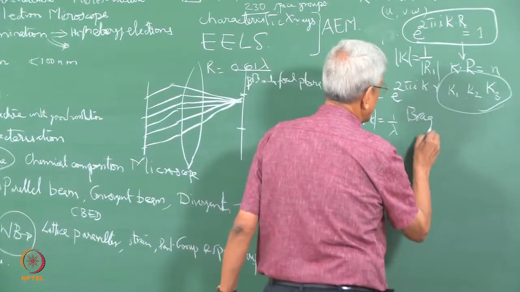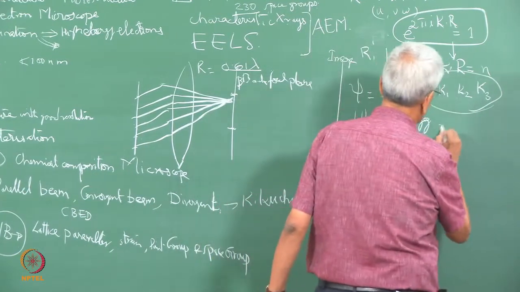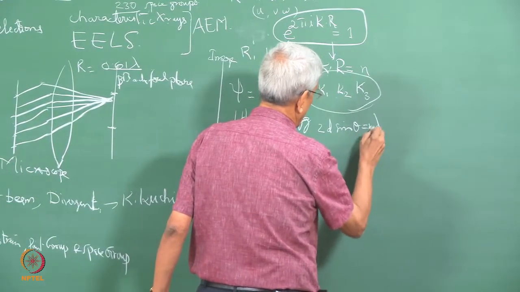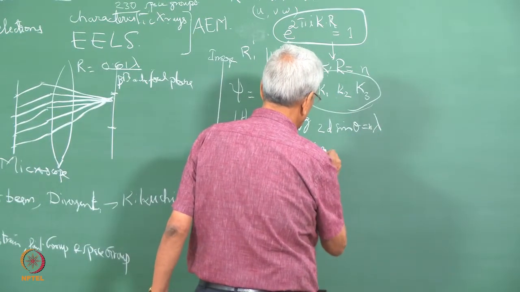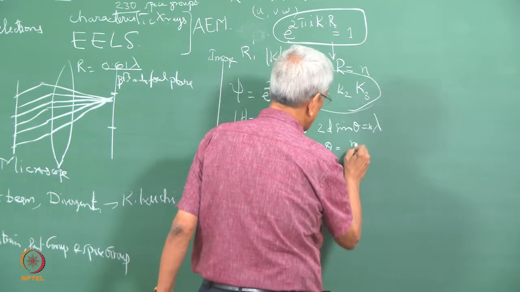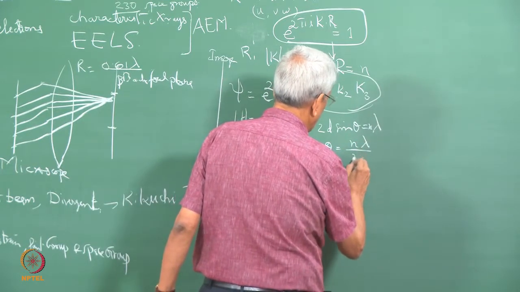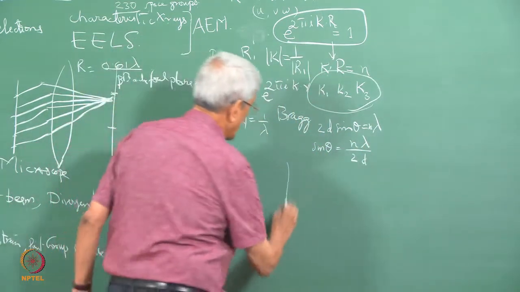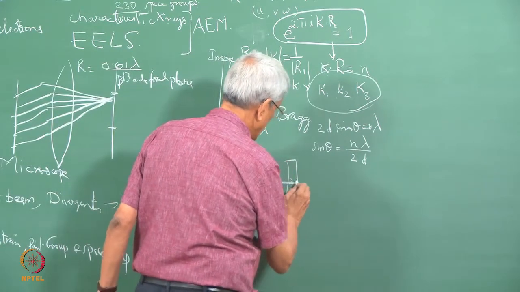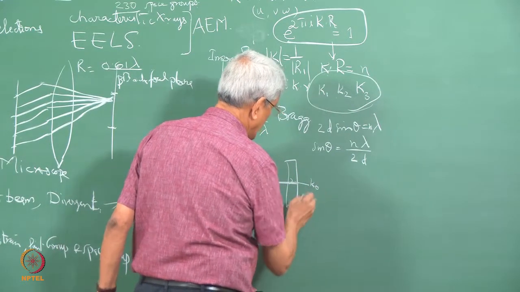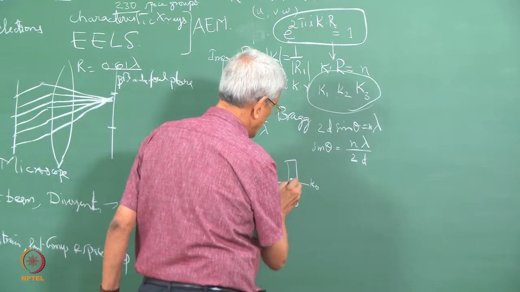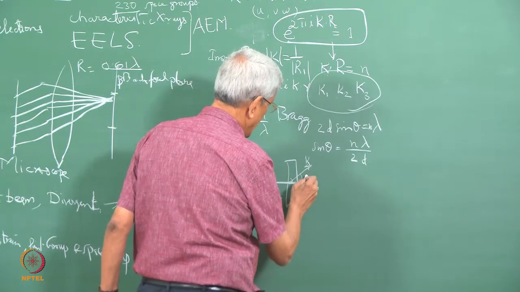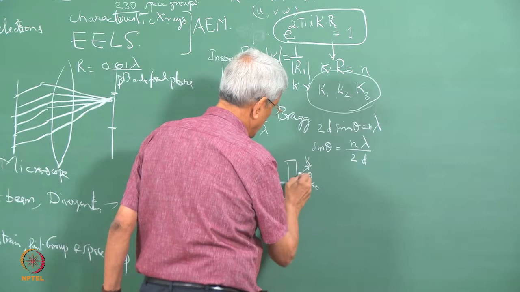The Bragg condition essentially is 2d sin theta equals n lambda, or essentially what it means is that when a beam is entering a sample in a specific direction, in vector notation we will call this k0, and this beam is scattered in a particular direction which is k. The angle between them is 2 theta.